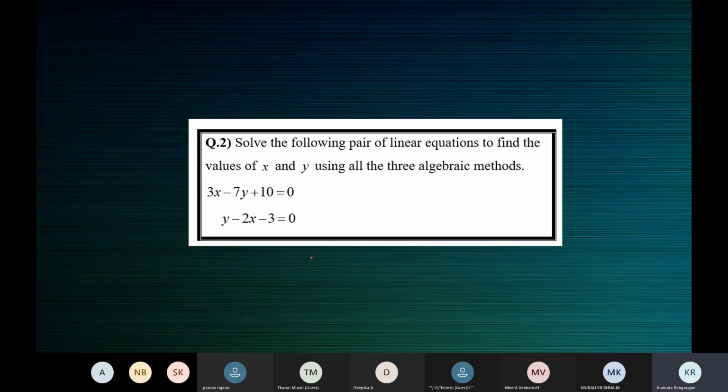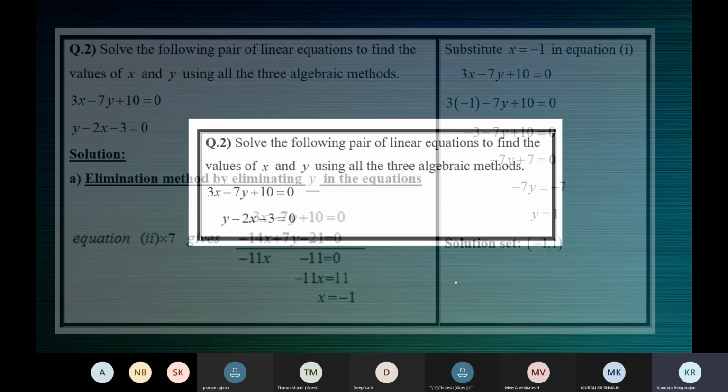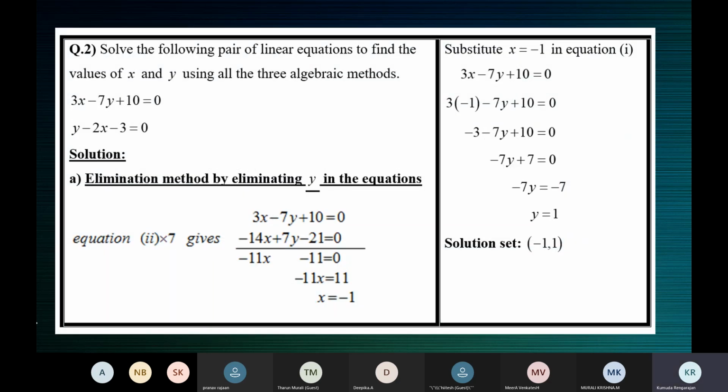All right, children. So this is the answer I got from all of you: x is equal to minus 1 and y is equal to 1. Let's see if you're right. Yes, x is equal to minus 1 and y is equal to 1.